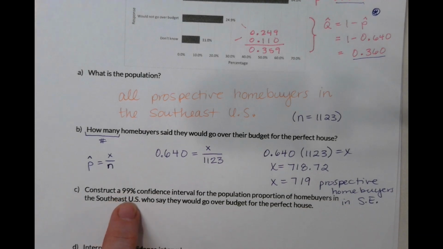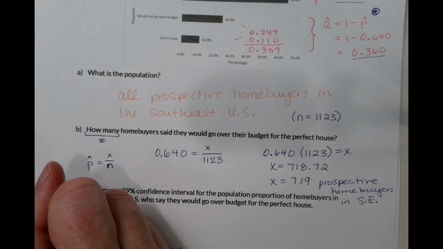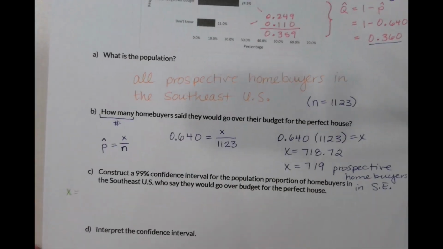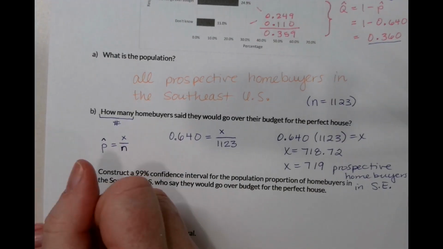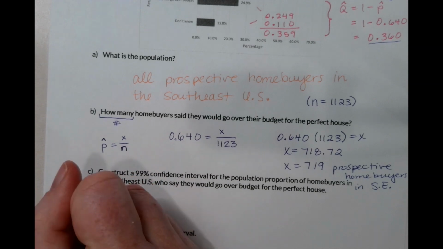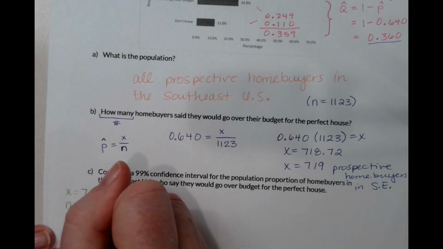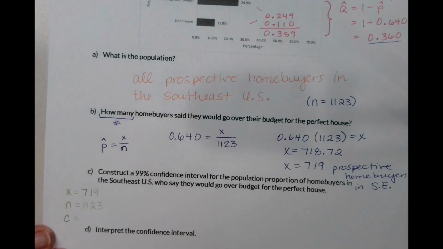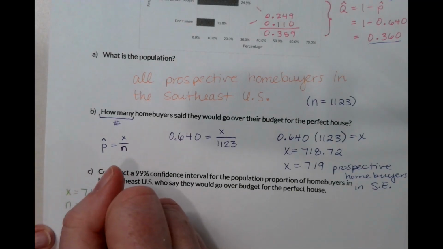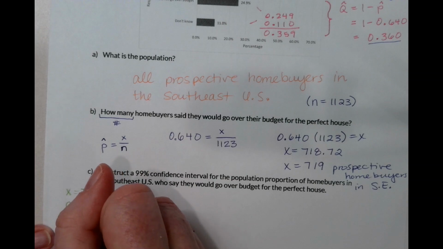I like everything in one nice little list. So I know that X is 719, N is 1123, and C, which is my confidence level, is 0.99. Remember, you do need to put it in as a decimal.